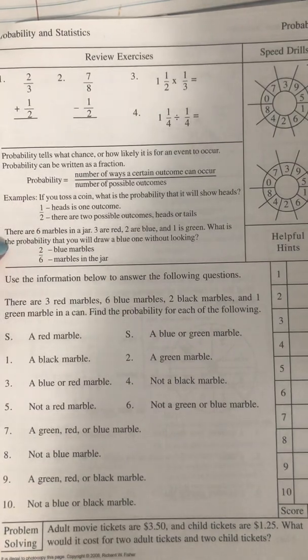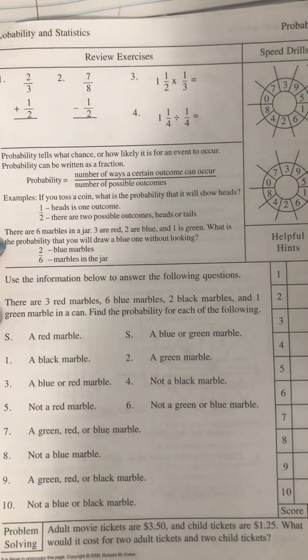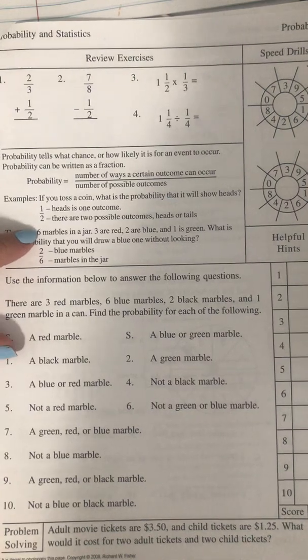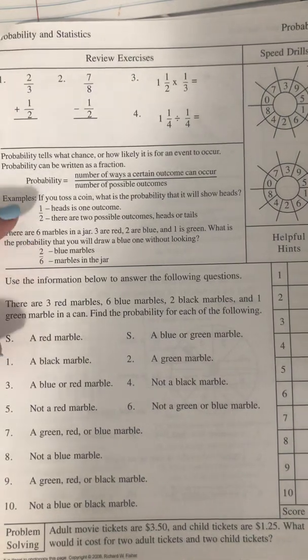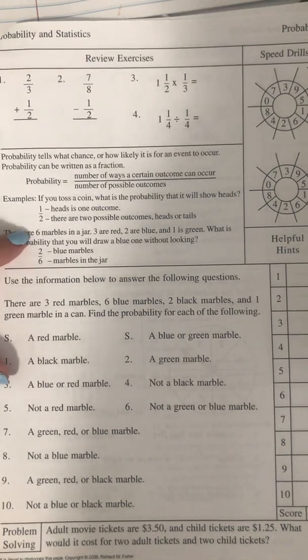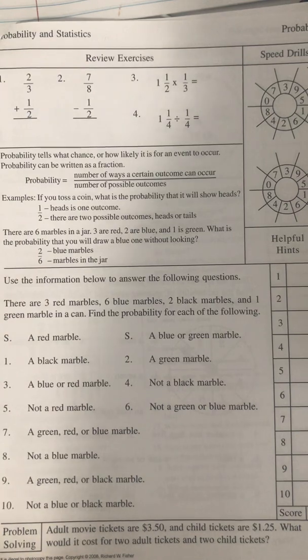Now, in this case, it says there are 6 marbles in a jar. So you always have to keep in mind how many are total. What are your total numbers? So we have 6 marbles, and for this example, it says 3 of the marbles are red, 2 are blue, and 1 is green. What is the probability that you will draw a blue one without looking?